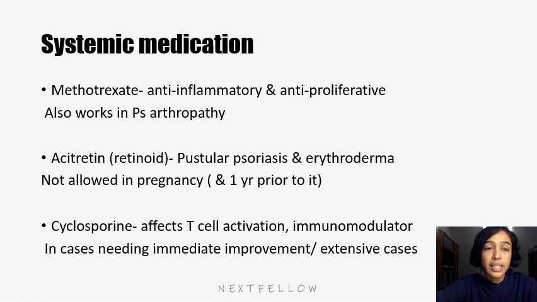Cyclosporin affects T cell activation, so it's an immunomodulator, and this works very fast. You can start seeing improvement within 72 hours. So it's given in cases which are very extensive or where a patient may need urgent improvement.